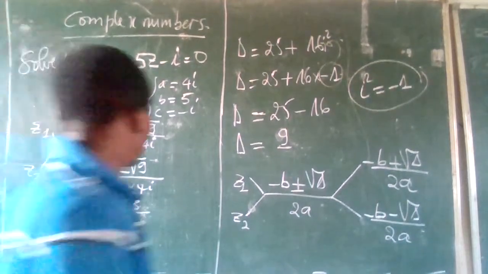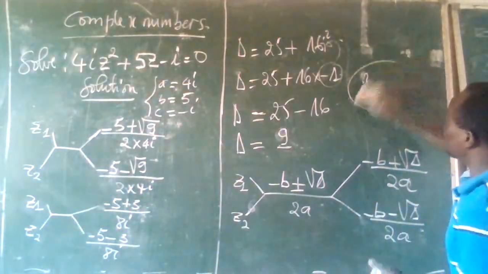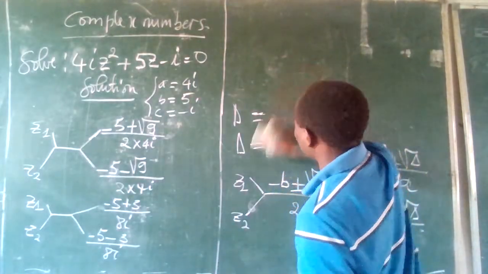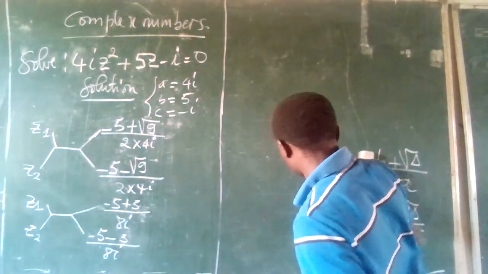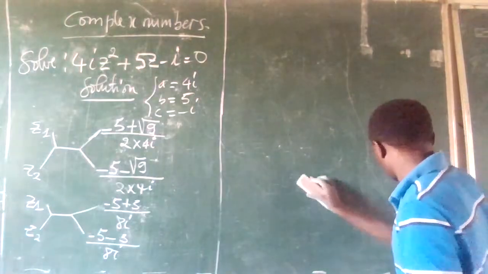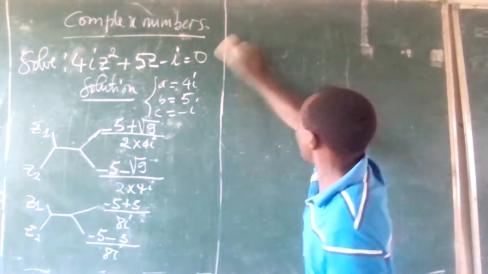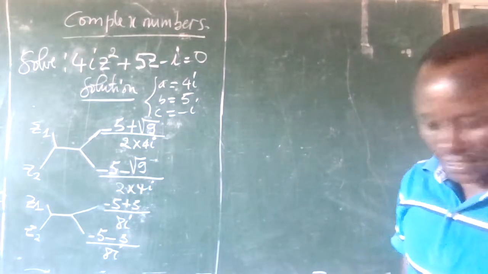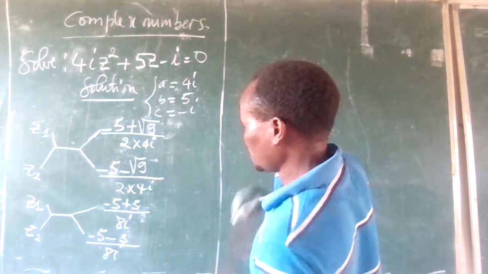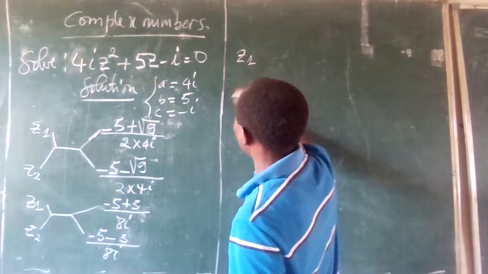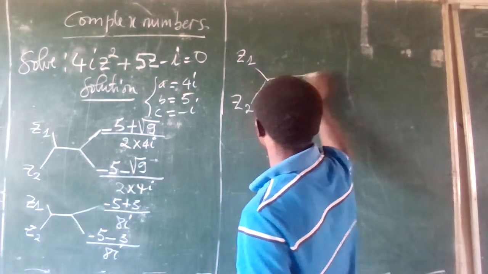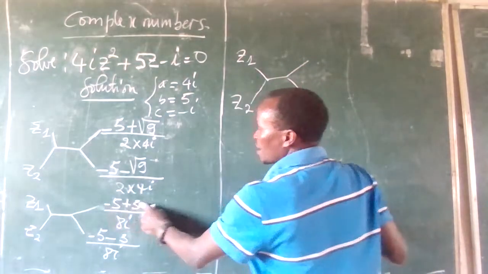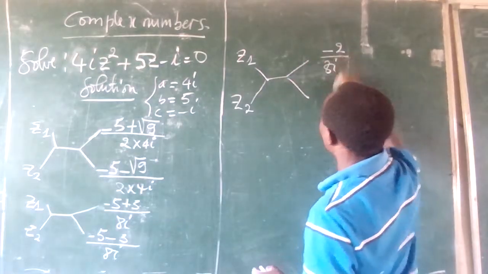The next will be Z1 and Z2: it is minus 2 over 8i.